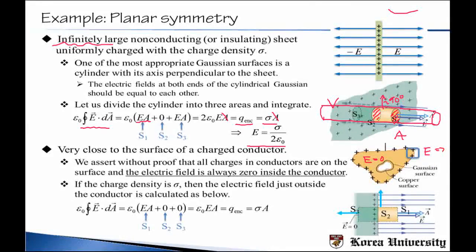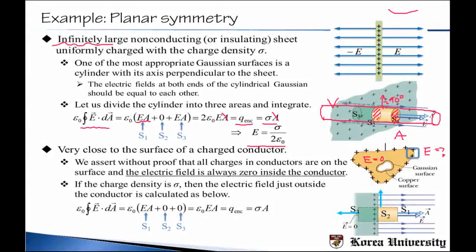Okay, and here we are assuming another thing. Here we cannot really think about an infinitely large plate. So instead of thinking about the conductor to be infinitely large, we are assuming that we are very close to the surface. If you are very close to the surface, effectively the area close to it will become very large.